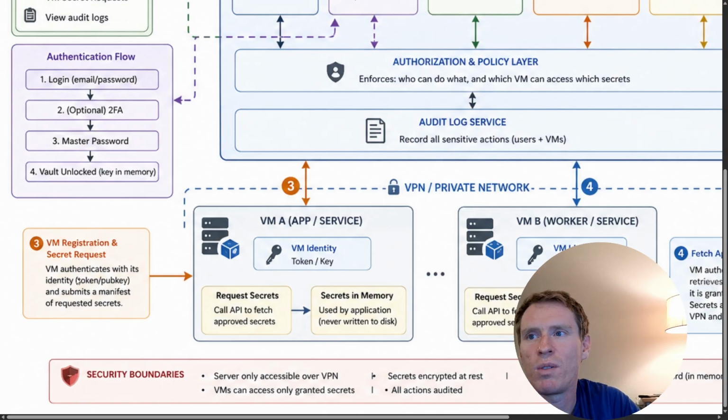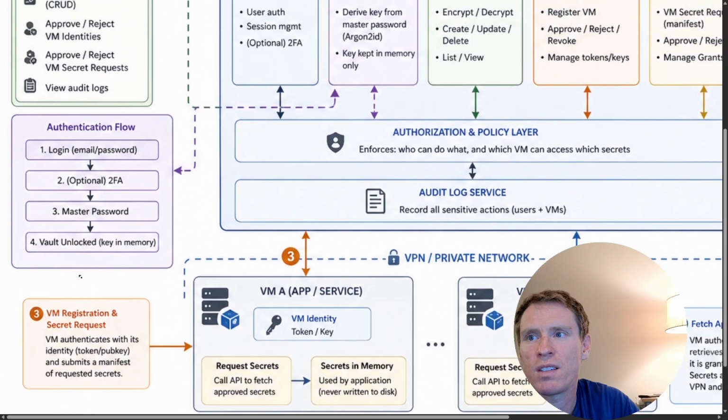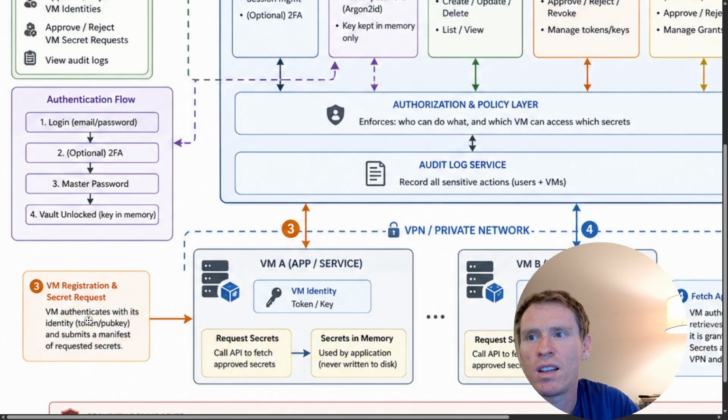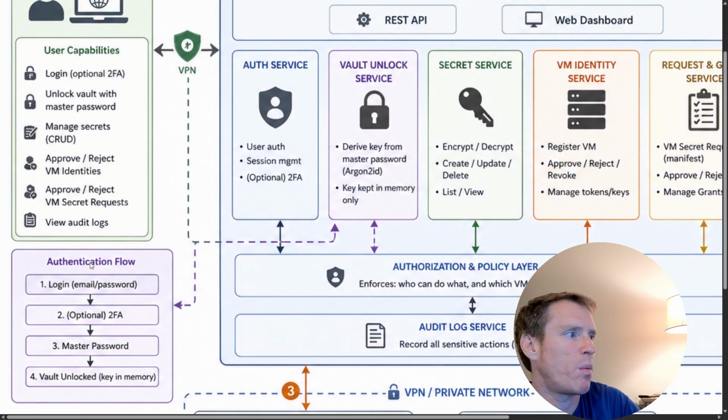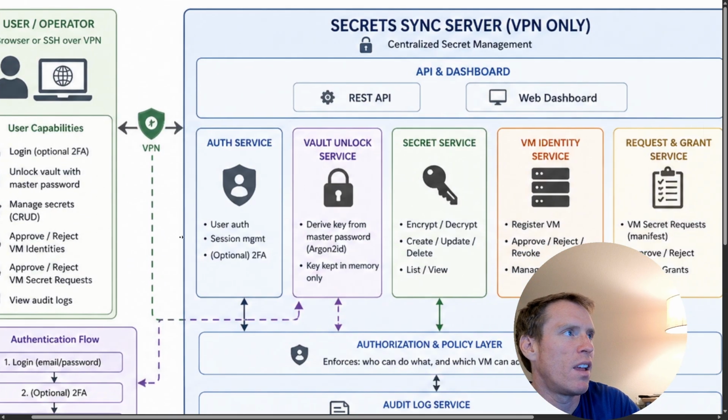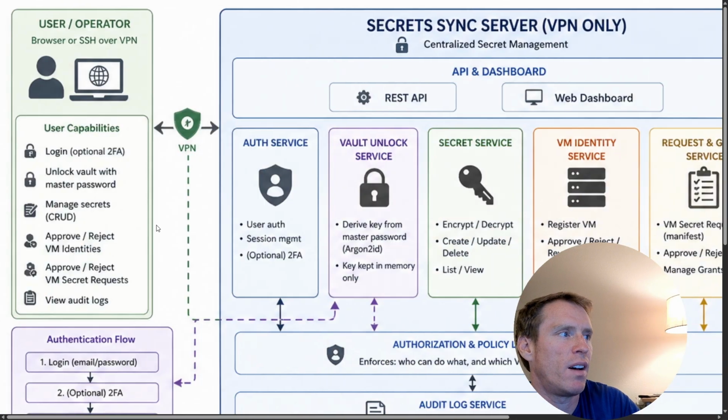So continuing on, the VM authenticates with its identity, token, and pub key, and submits a manifest. Yeah, I think I've covered this pretty well.